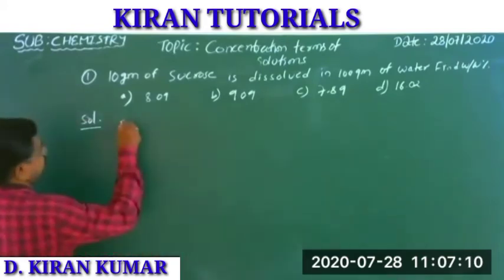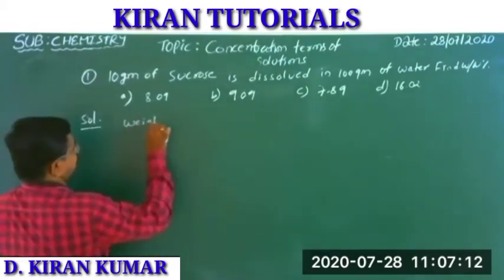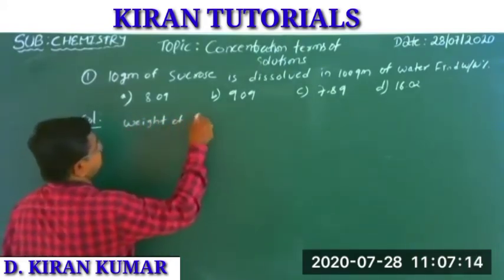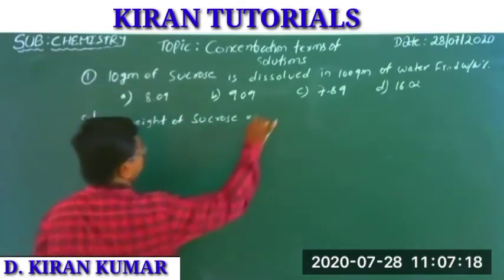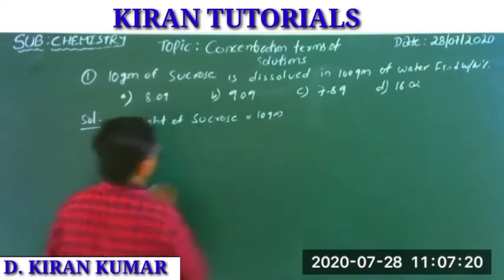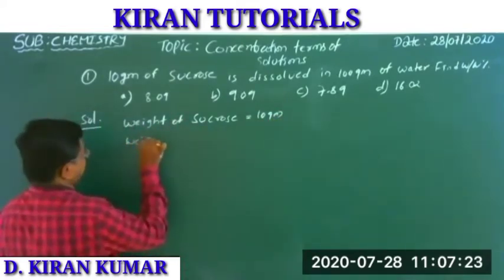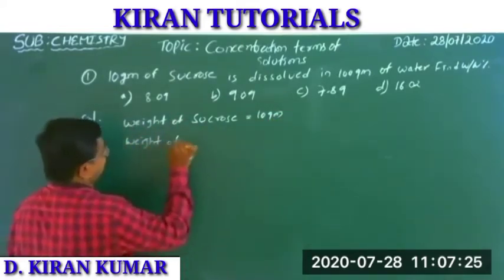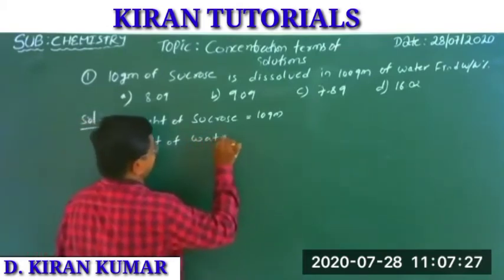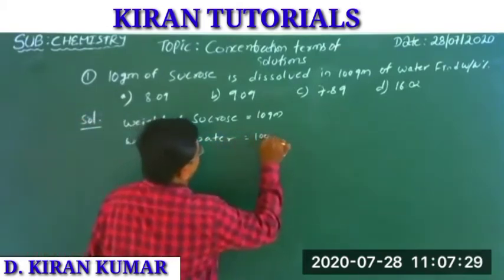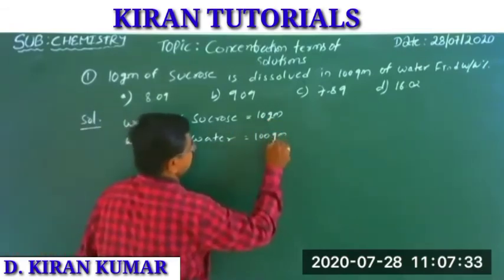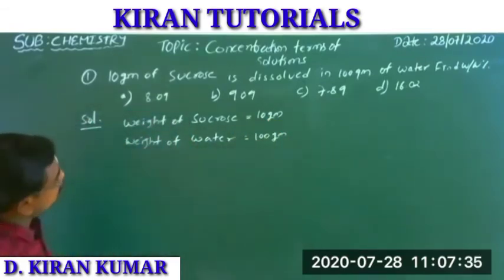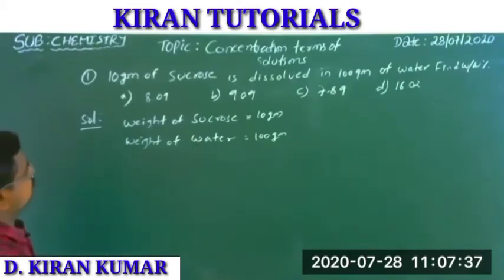So the weight of sucrose is equal to 10 grams. The weight of water is equal to 100 grams. Then, what is the formula?